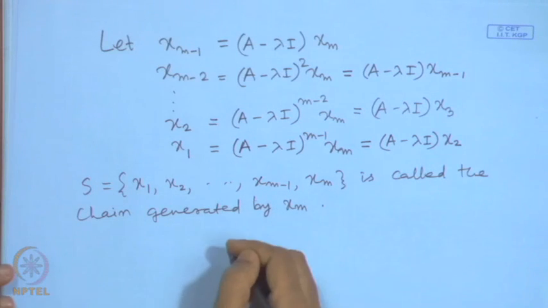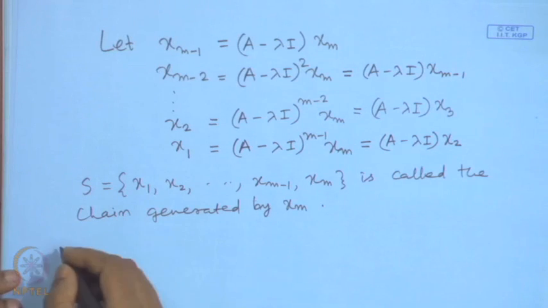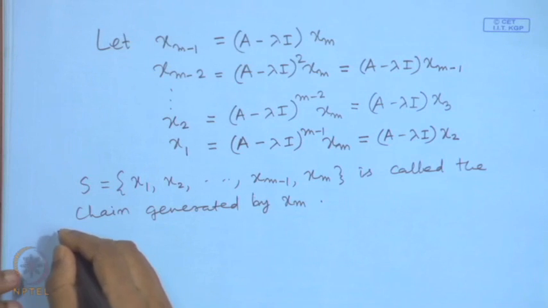This chain generated by x m satisfies some properties, and we shall list those properties here.